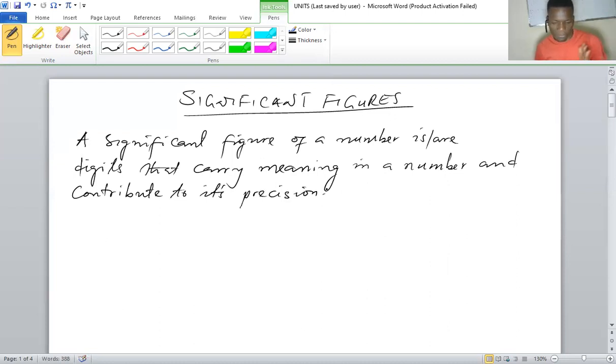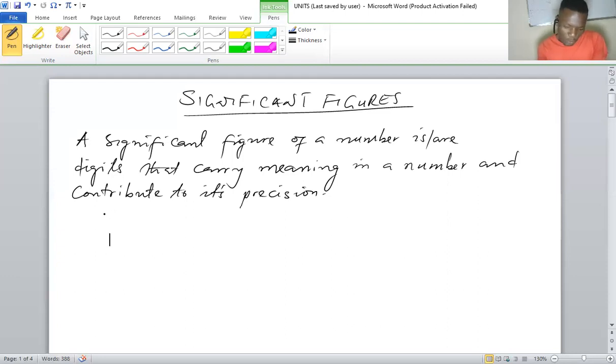So a significant figure of a number is digits that carry meaning in a number and contribute to its precision. If you have a number with digits that do not contribute to its precision, then those digits are not considered significant. Those digits are insignificant.